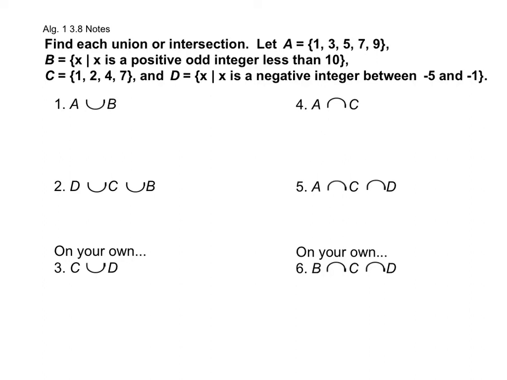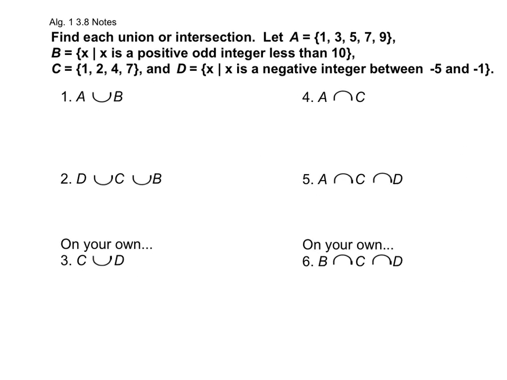Instead of just trying to remember what that set is every time, I'm going to write down what it is. Positive odd integers less than 10 are 1, 3, 5, 7, and 9. Wouldn't you know, it's the exact same set as A.